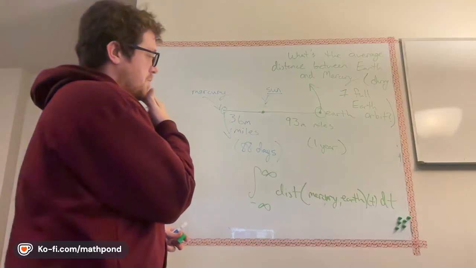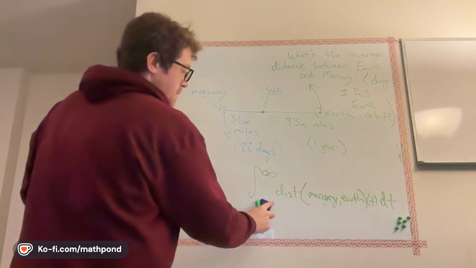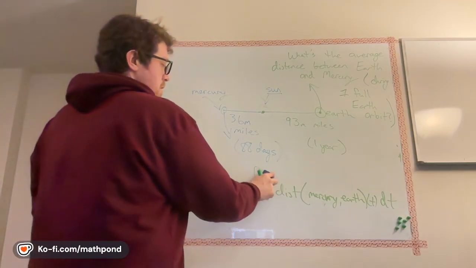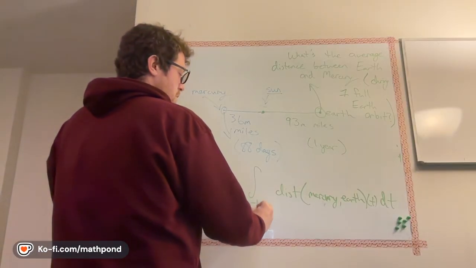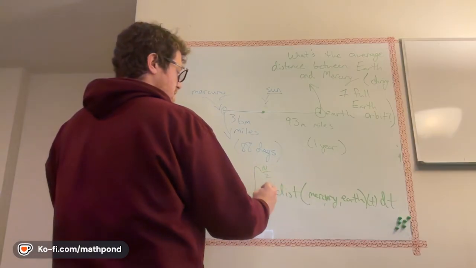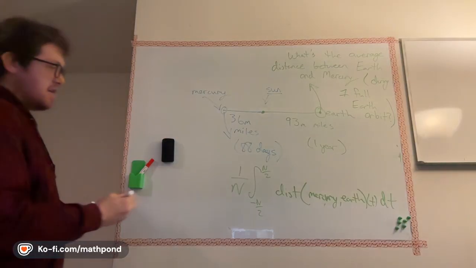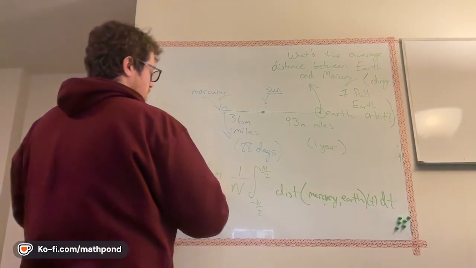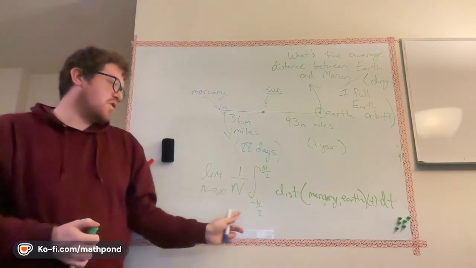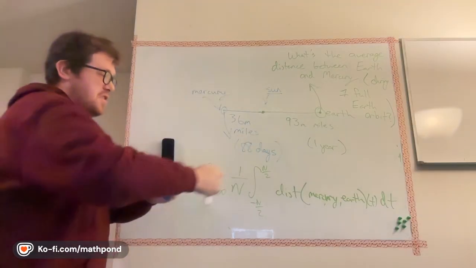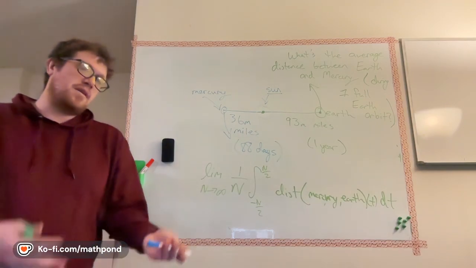Maybe we need to take some limit here. So it's going to be from negative n over 2 to n over 2, and then we need to divide by n to take an average. And then take a limit, n goes to infinity. So this would be the average over some distance around the origin of size n, and then we just let n go to infinity, I guess. I don't know. You tell me, Jeff.